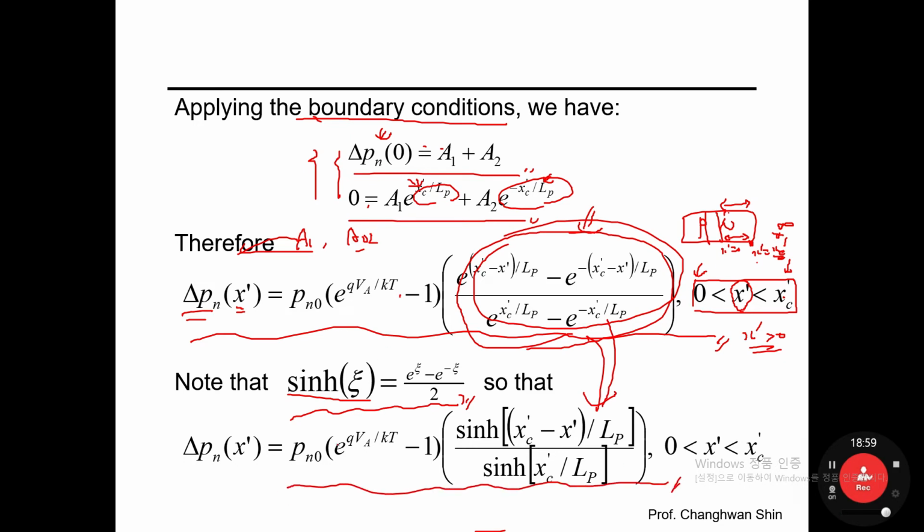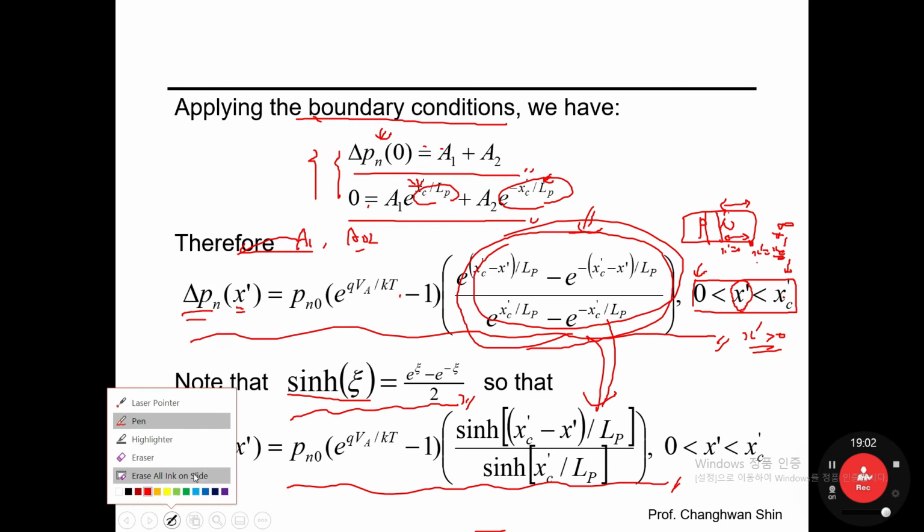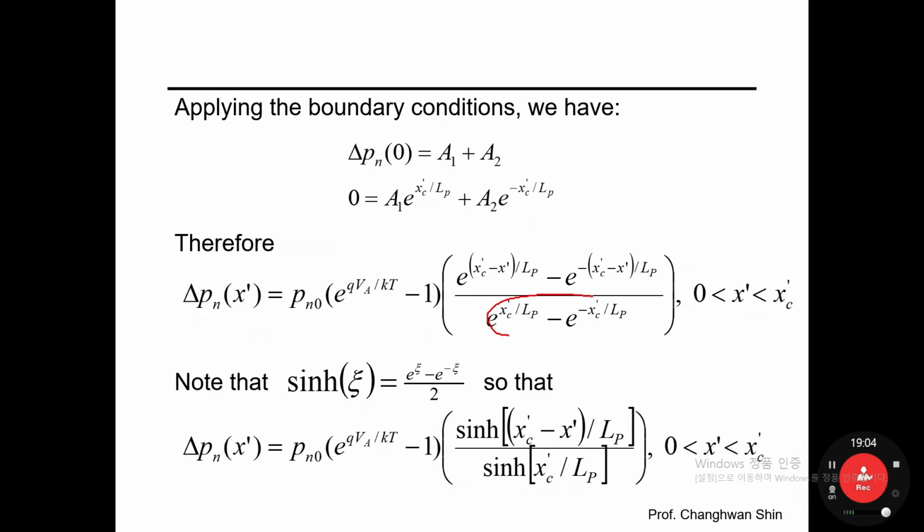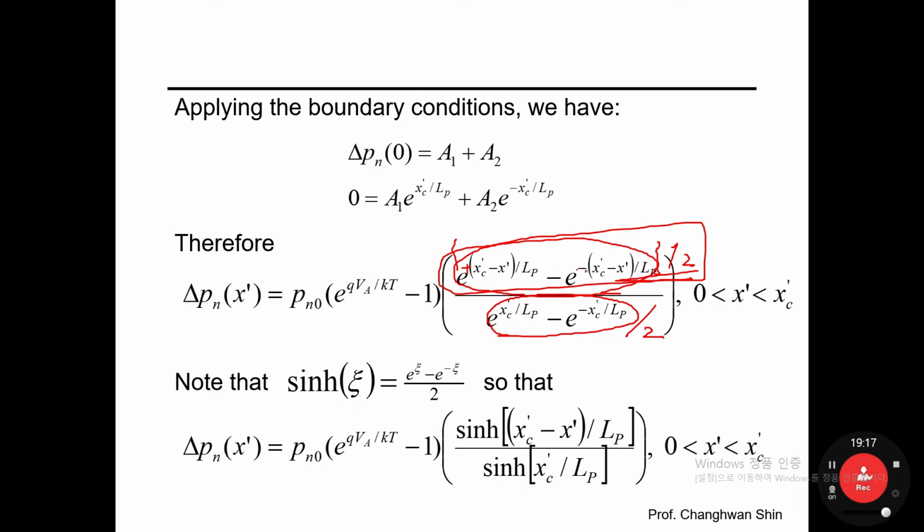Okay, so here this is divided by 2, and this total is divided by 2, and the only difference is there is a plus and there is a minus, and this term and that term are identical. So that is hyperbolic sine of xc prime minus x prime over LP, like that.